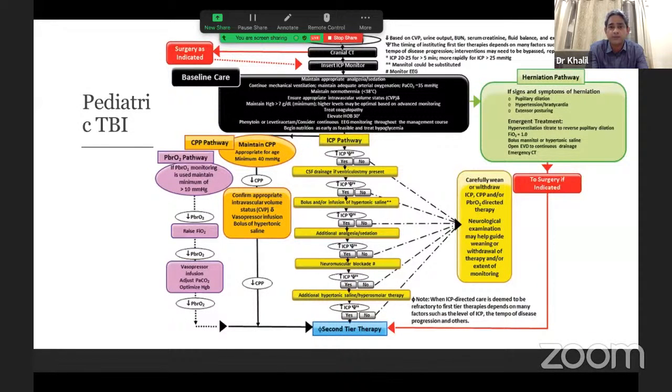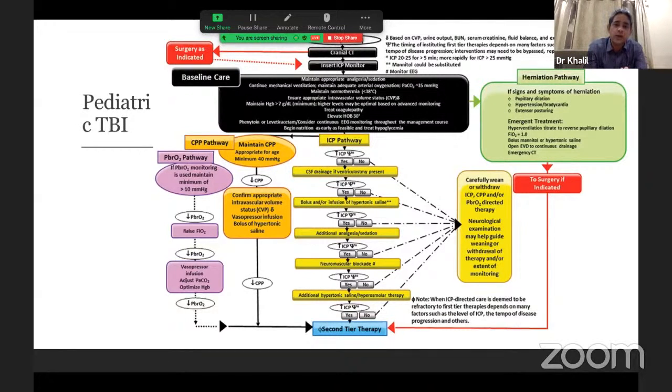If you don't have, then use a bolus of hypertonic saline. Hypertonic saline versus mannitol, again, both will achieve almost the same results. Hypertonic saline has to be infused in a dose of 3 to 5 ml per kg over 20 to 30 minutes.